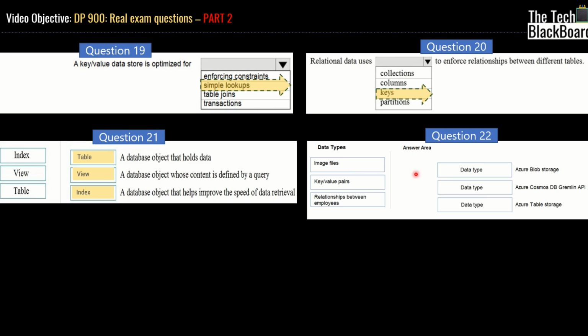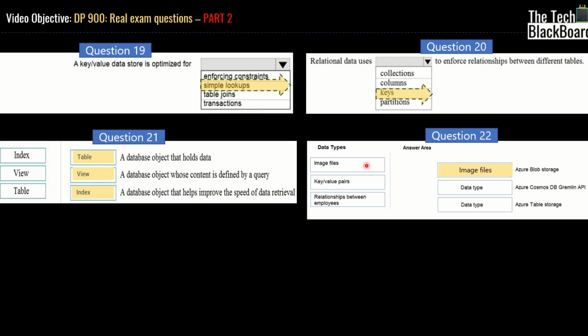If you take that understanding and look at the options now, you will see that image files are best suited for blob. Not only image files, you can store video files, audio files, pictures, images. These are the objects for which blob storage is the best, right?